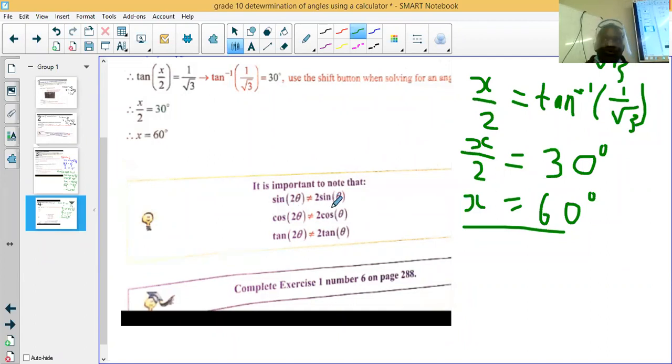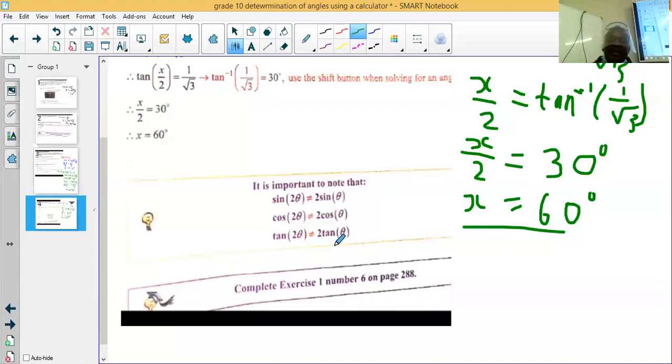Is that true? Really? It's not true, right? And cosine 2 theta is not equal to 2 cosine theta. Tangent 2 theta is not equal to 2 tangent theta. That one is not. Now, we will in future develop this. But for now, don't make a mistake of saying, okay, you have got cosine 2 theta, it must be 2 sine theta. No. I'm getting the point.